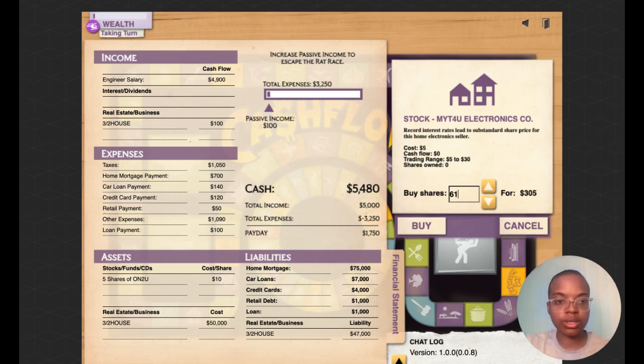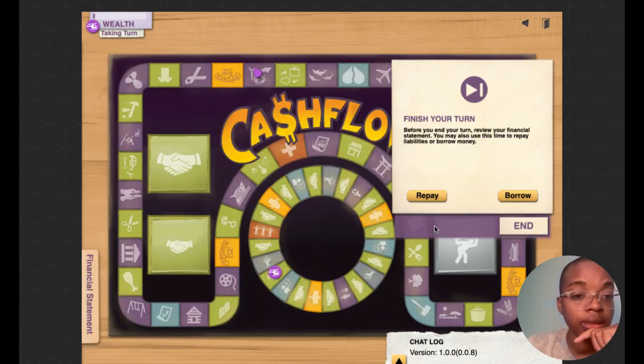So let me go ahead and do 600 for 3 grand. And if I 6x this, right? If this potentially gets to 30, then my original 3 grand could potentially make up to $18,000 for me. So I'm going to buy this at that price.